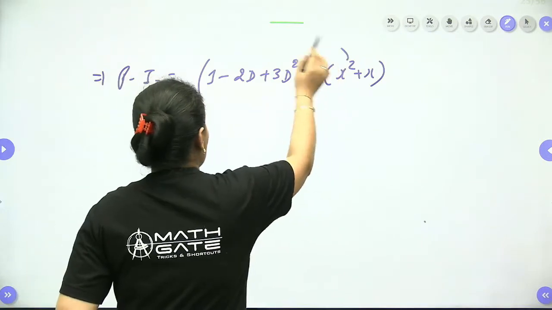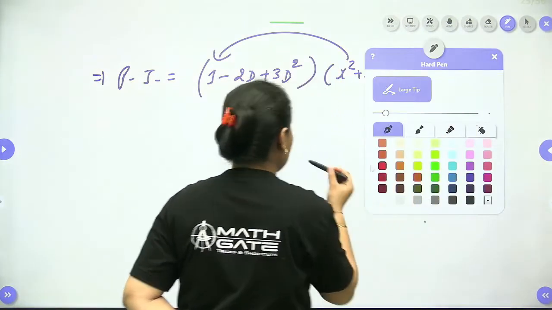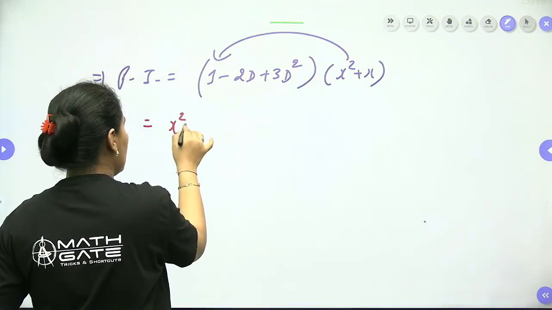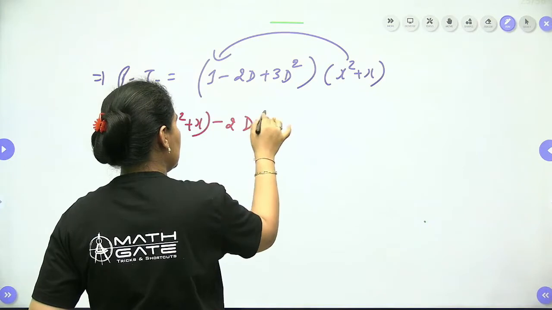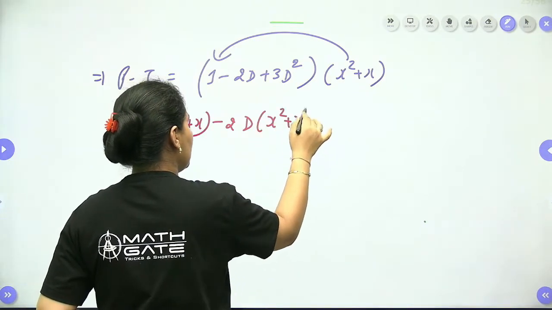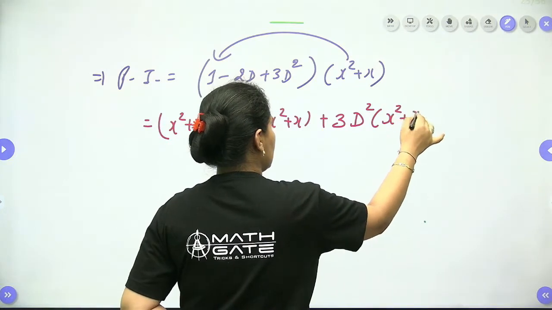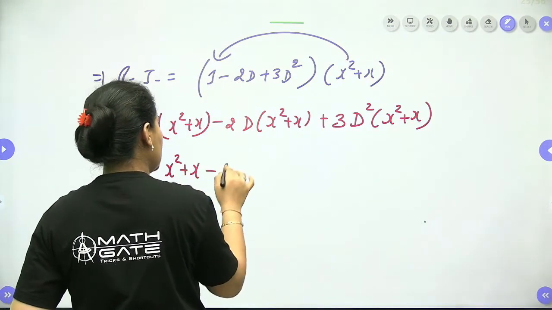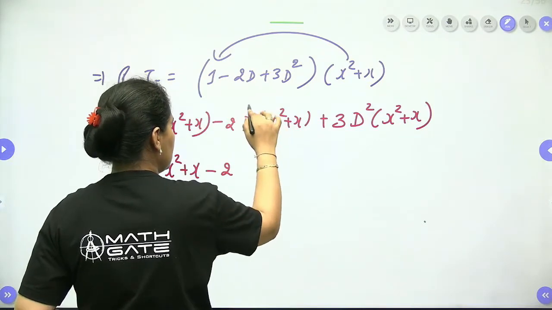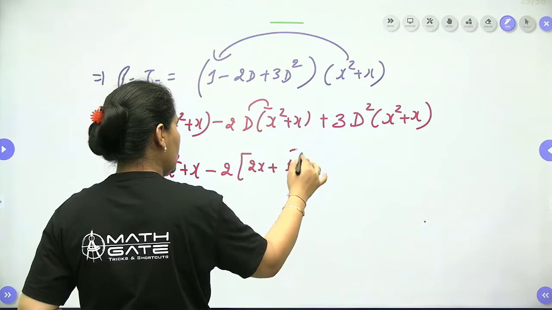Okay, so let's apply it on each and every term. It will be, dear students, x square plus x, minus 2 into the one-time differentiation of x square plus x, plus 3 into the double differentiation of x square plus x. The one-time differentiation is 2x plus 1 only.